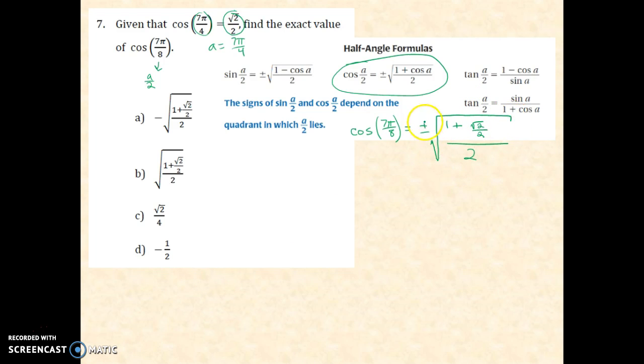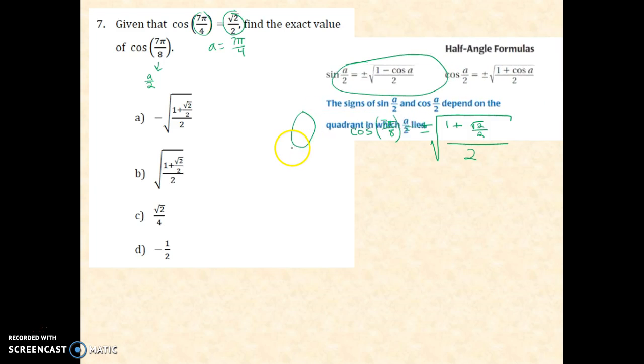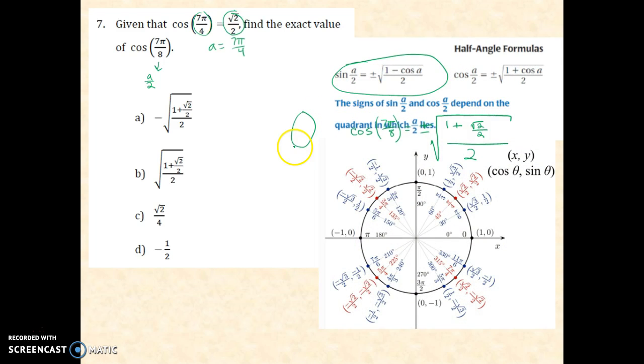There, that's better. And then this part right here says the sign, the plus or minus, depends on the quadrant in which the angle A over 2 lies. So let's take a look at where A over 2 lies. So that's 7 pi over 8.